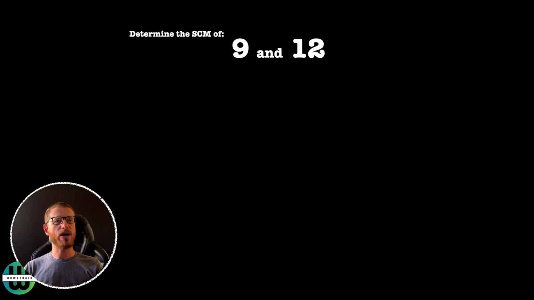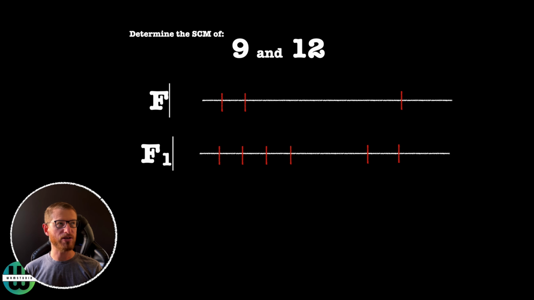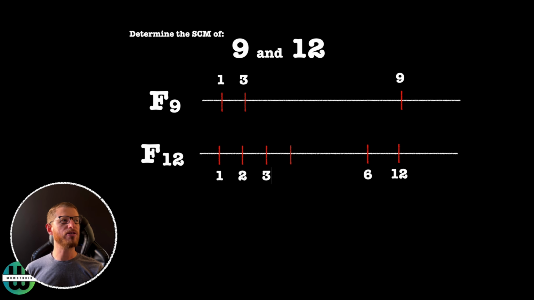Let's determine the smallest common multiple of 9 and 12. Without having to write out my multiples, I can determine my factors first. The factors of 9 are 1, 9, and 3. The factors of 12 are 1, 12, 2, 6, 3, and 4.